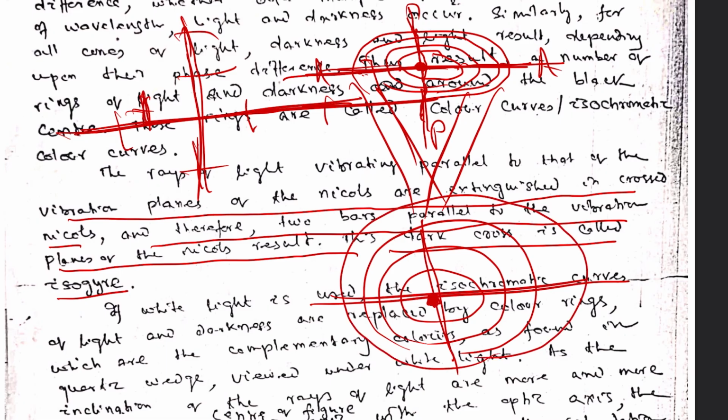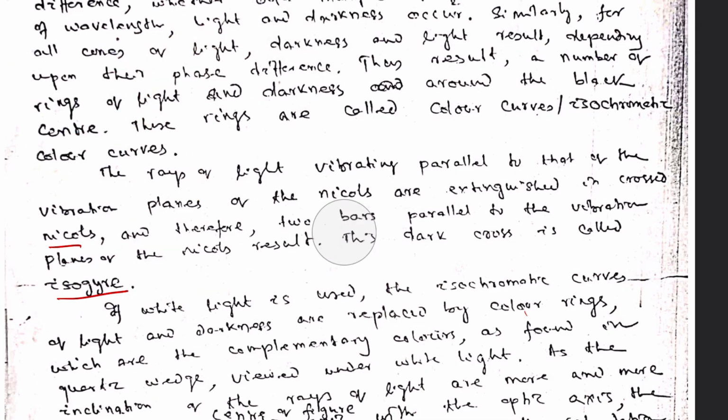So this is the figure: a dark cross with a center, and these are the colored rings, and this cross is called the isogyre. Thus, the interference figure shows a dark cross called the isogyre, surrounded by colored rings or isochromatic colored curves.